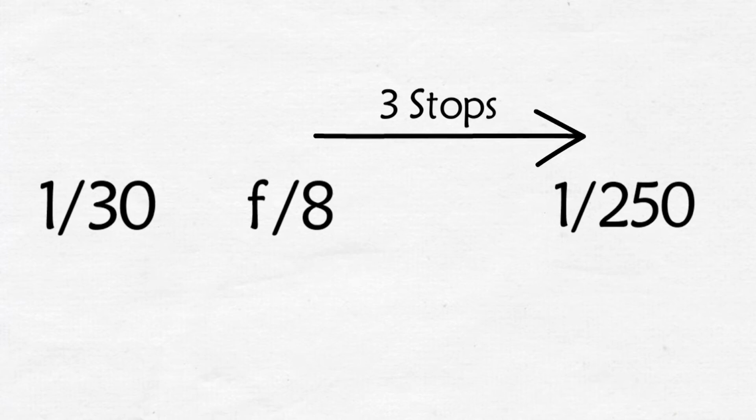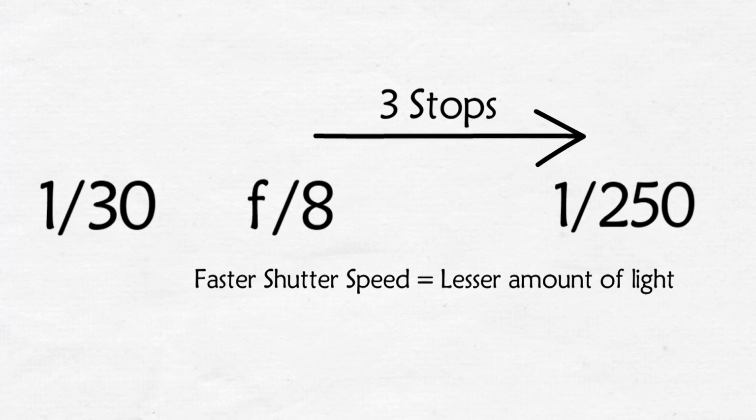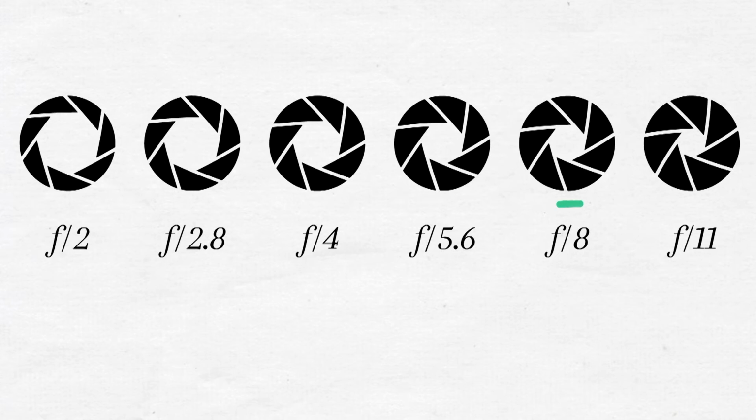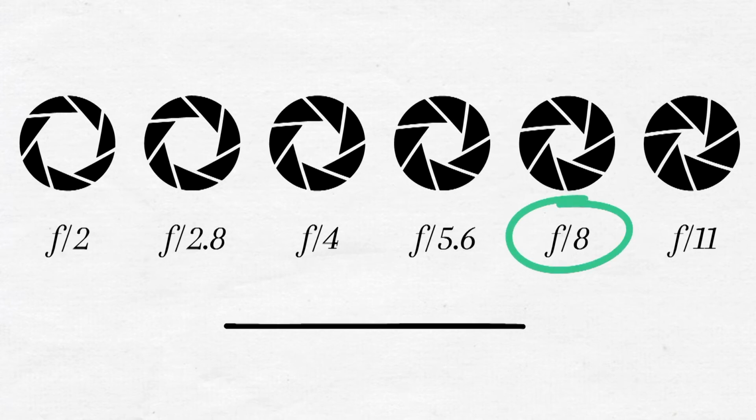Now, 3 stops, am I allowing more light or less light? I am allowing lesser amount of light because I am shooting at a faster shutter speed now. So, I got to allow more amount of light again by 3 stops to the aperture, right. So, from f8, I go back 3 stops, I go to a larger opening. So, from f8 it would be f5.6, then f4, and then f2.8.